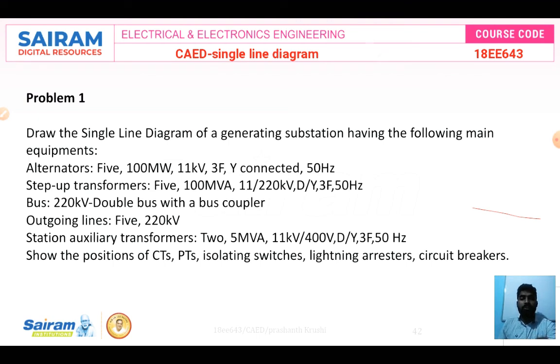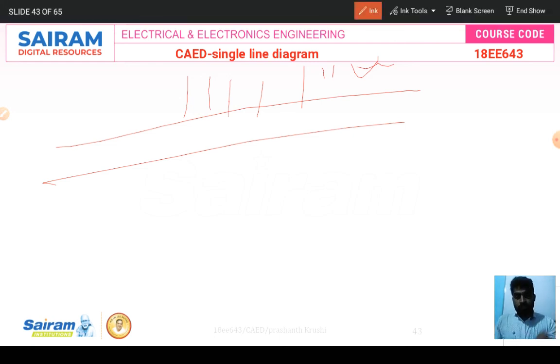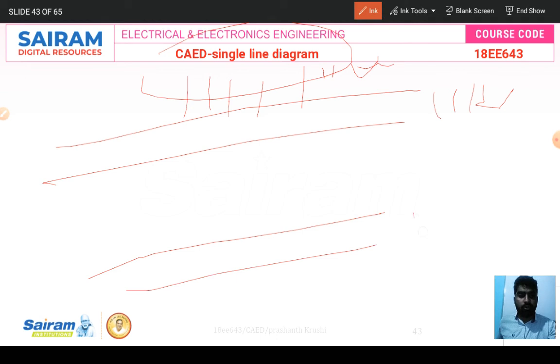But first you understand the concept. Understand the problem first. See, 5 incoming lines, 5 alternators we are using. This one is 11 kV. From here to here 11 kV to 220.